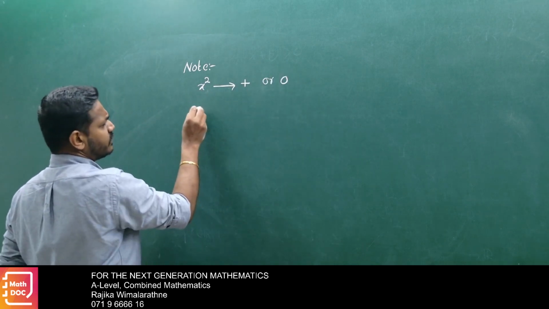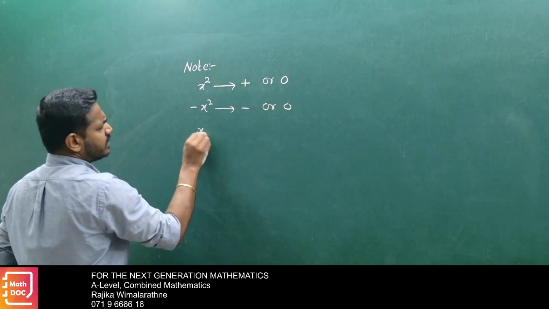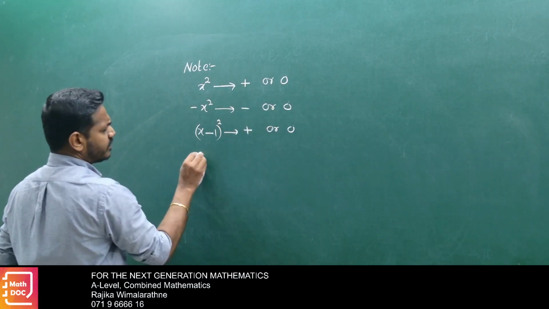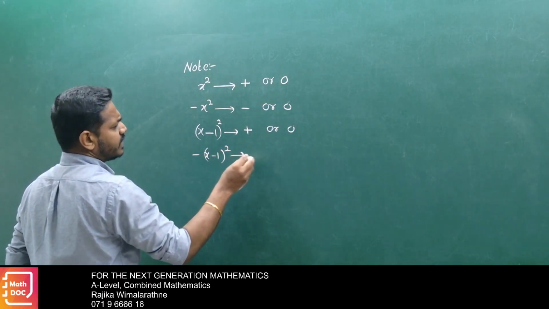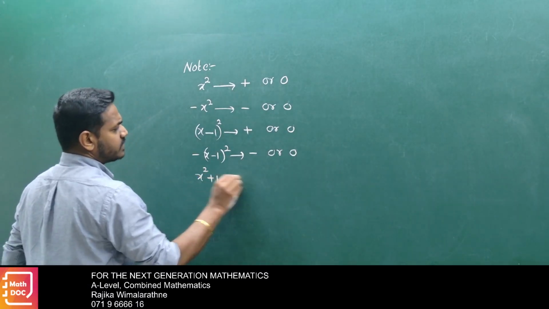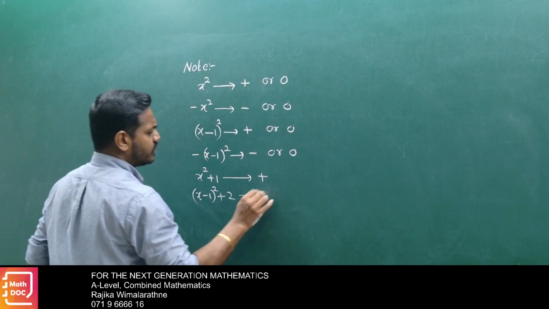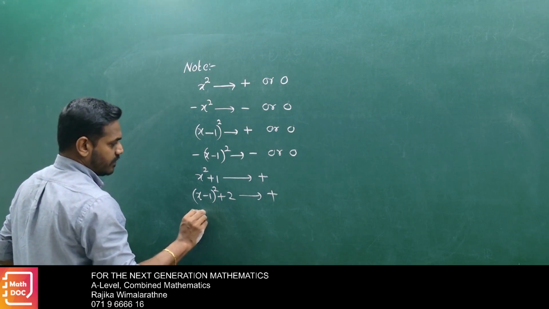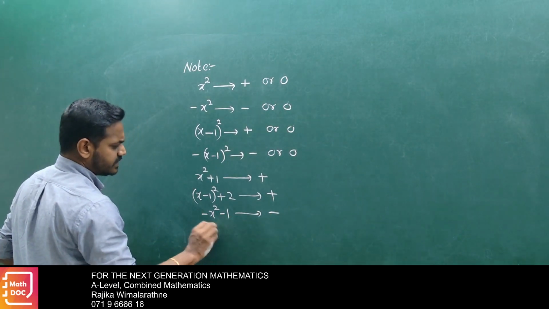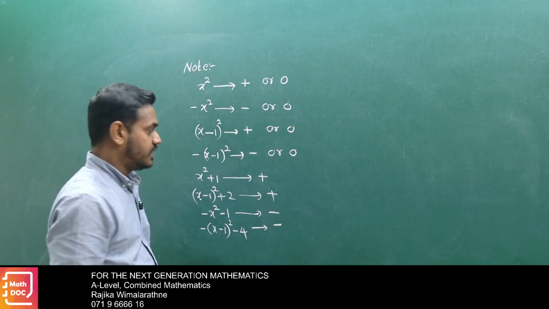Minus x² is negative or 0. Then (x − 1)² can be positive or 0. −(x − 1)² can be negative or 0. x² + 1 is positive only. (x − 1)² + 2 is positive only. −x² − 1 is negative only. −(x − 1)² − 4 is surely negative.